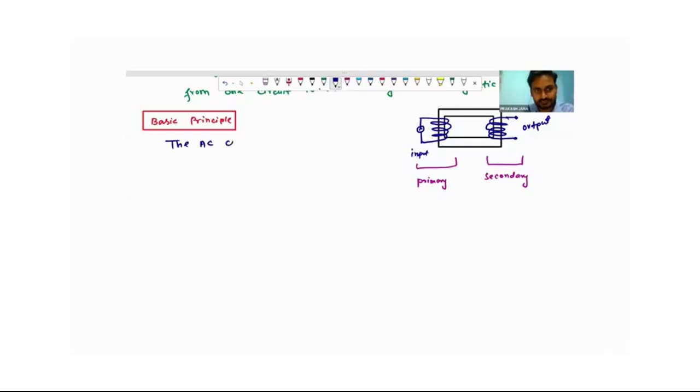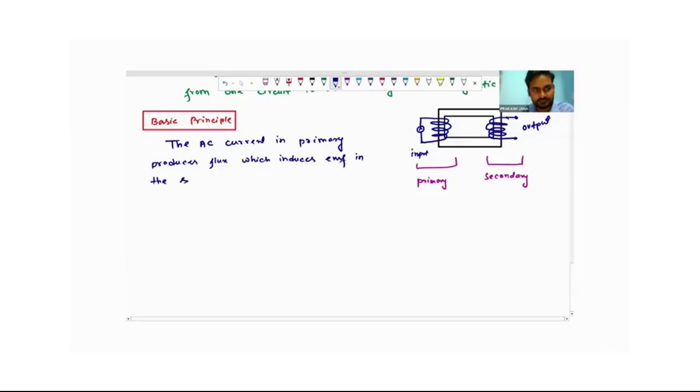The basic principle is that the AC current in the primary produces flux, which produces or induces EMF in the secondary circuit.